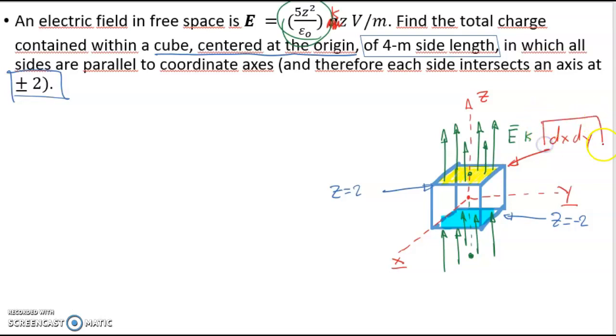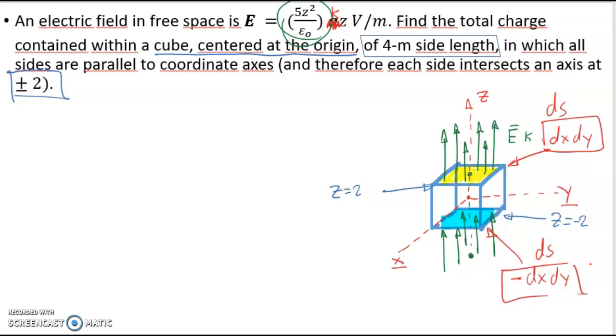And we're going to consider this positive because we are in the upper section, in a positive z. For this one right here, we also have a differential surface parallel to the x and y plane. However, since we are working in a lower section, we'll consider this to be minus dx dy.